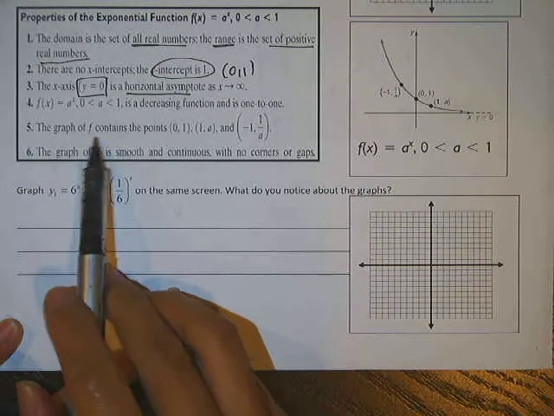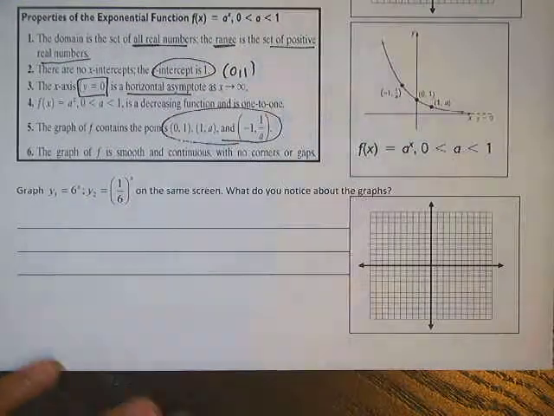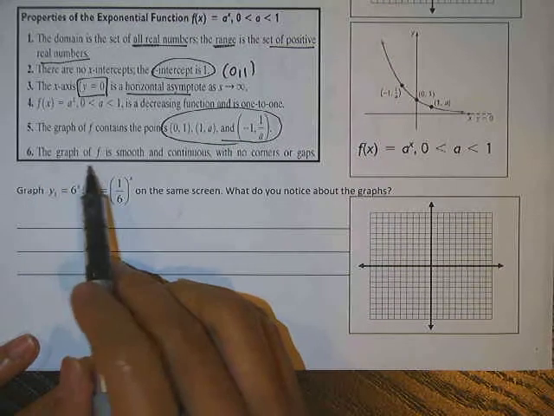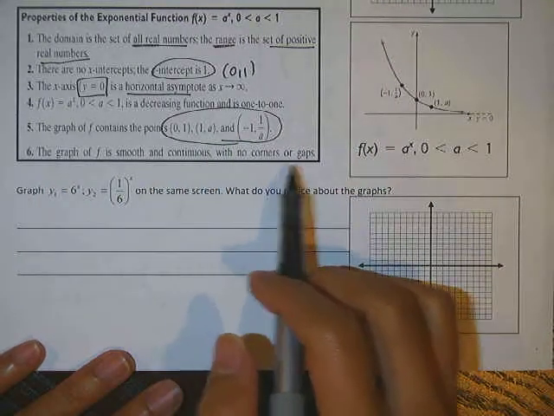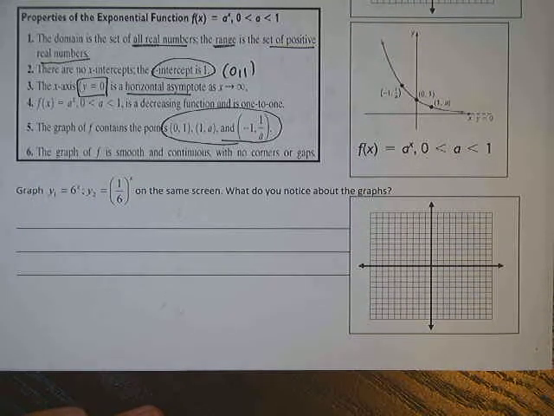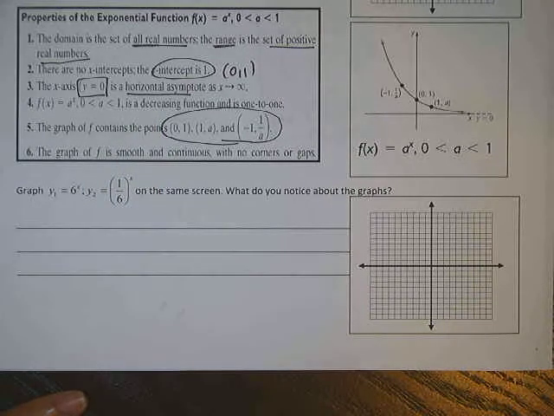The graph of f contains the same exact three points, and it is smooth and continuous with no corners or gaps, which is just the definition of a function. All of those are the same except number 4. When a is less than 1 but greater than 0, you have a decreasing function. When a is bigger than 1, you have an increasing function.